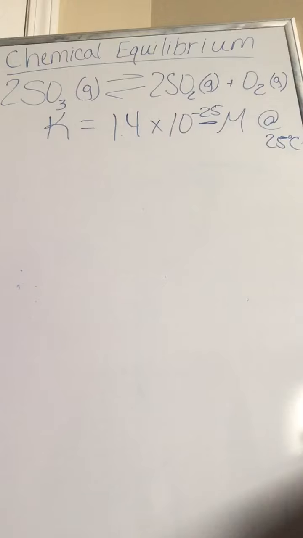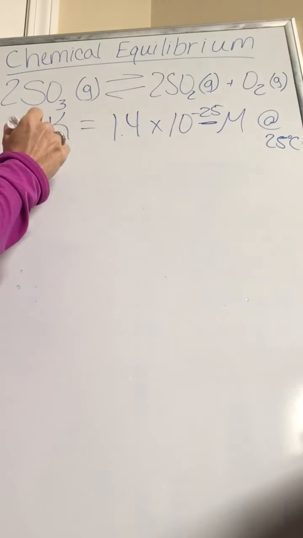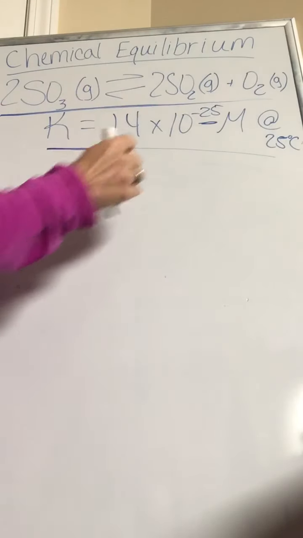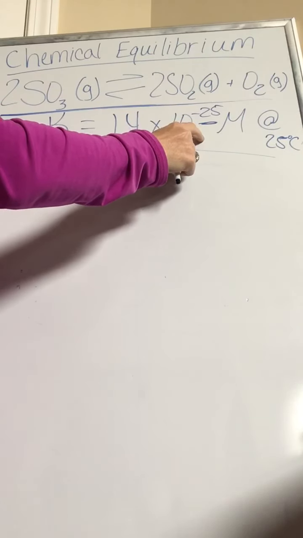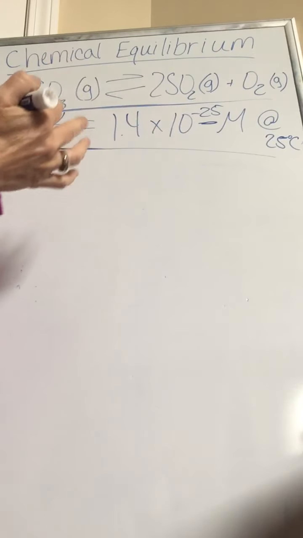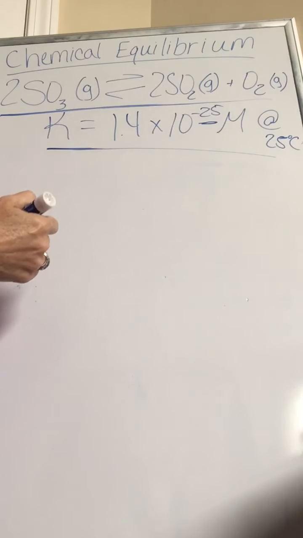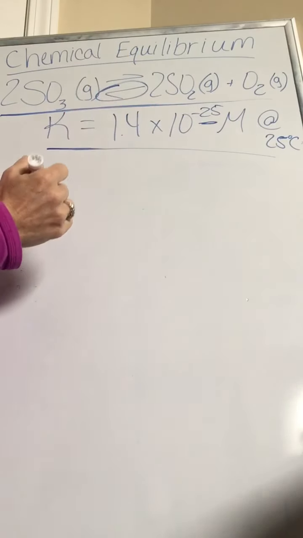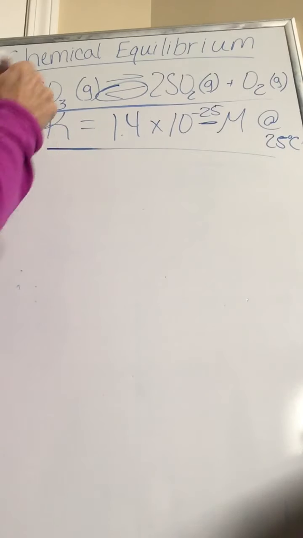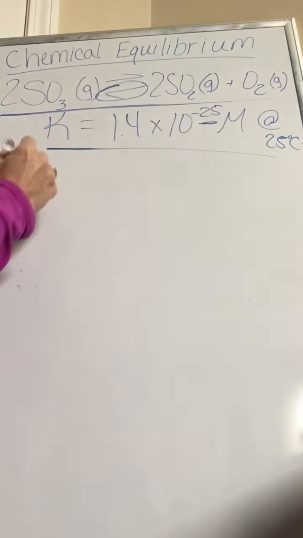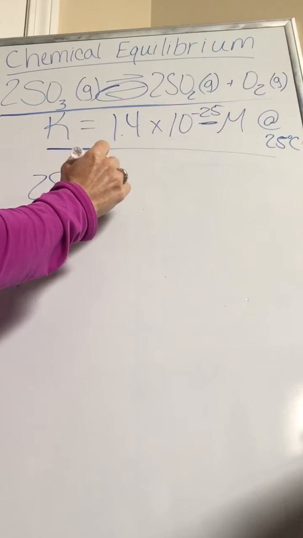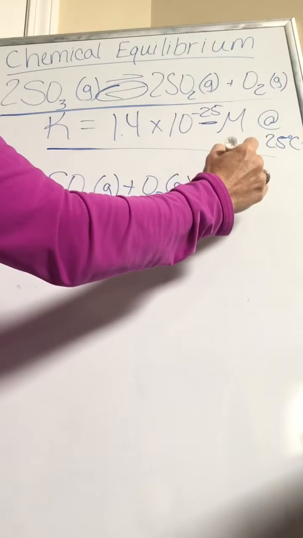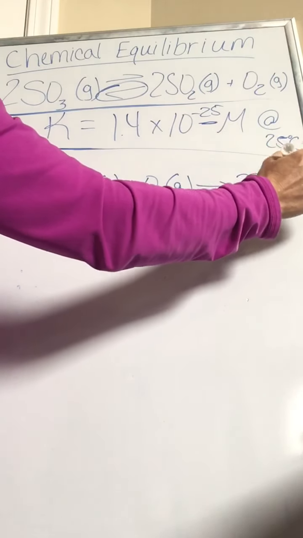If we have an equilibrium constant of that for this reaction, that's going both ways. If it is that small, then even though this is technically an equilibrium reaction, it really is only going to go in one direction. If it's this small, the only direction we're going to be doing is the reverse. So you can flip it around and say 2SO2 plus O2 will yield 2SO3.